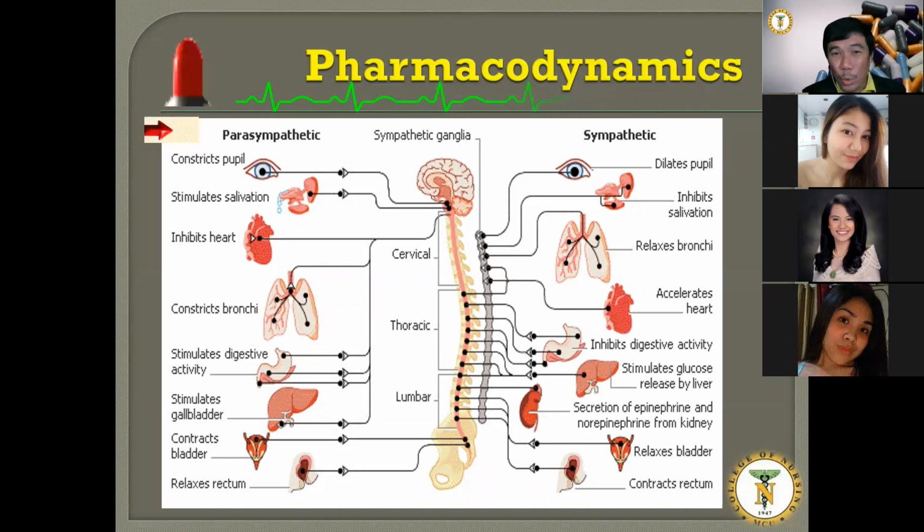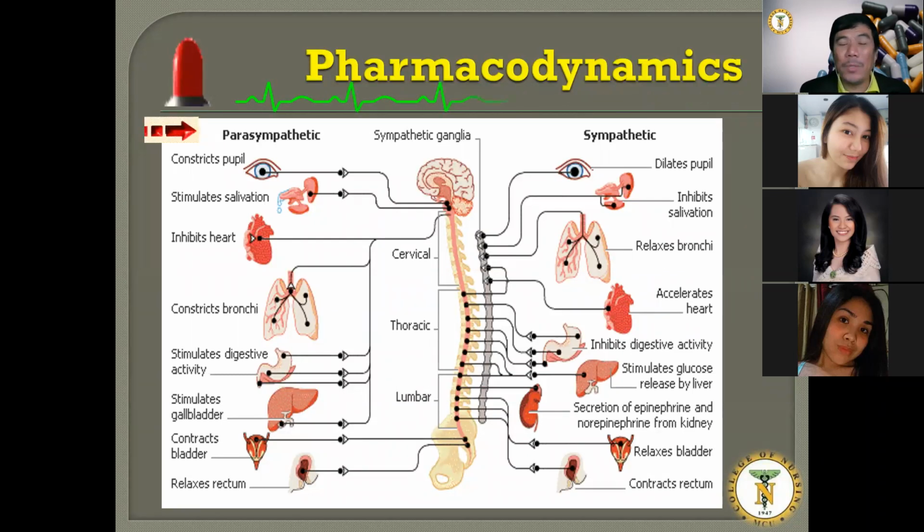So, let us now proceed with major neurotransmitters. For major neurotransmitters, the major neurotransmitter for sympathetic nervous system is norepinephrine. For parasympathetic nervous system, the major neurotransmitter is acetylcholine.